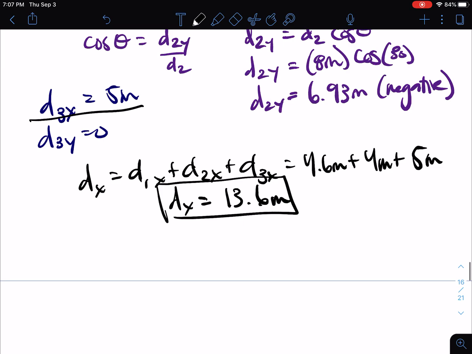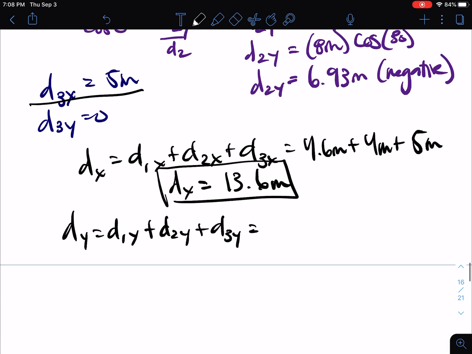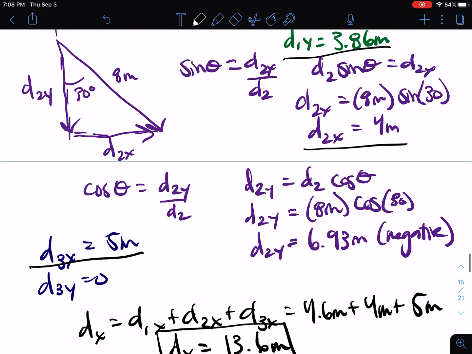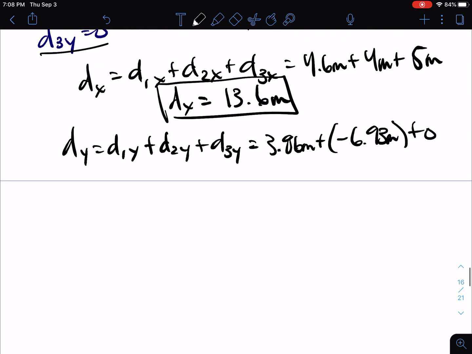And then same thing for dy. dy is equal to d1y plus d2y plus d3y. So we get d1y was 3.86 meters, plus d2y, which was a negative 6.93 meters, plus our 0, which was our d3y. So we end up getting dy is equal to negative 3.07 meters.